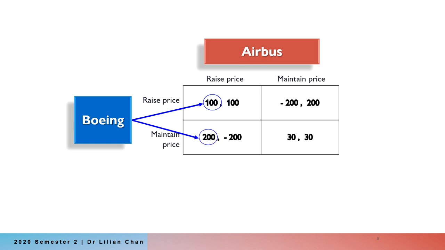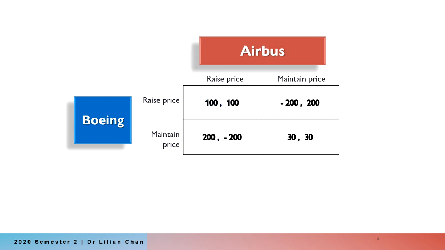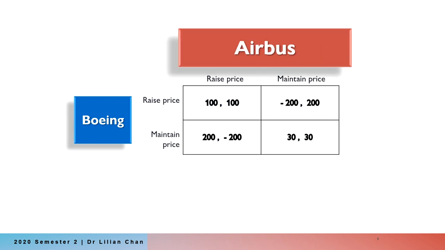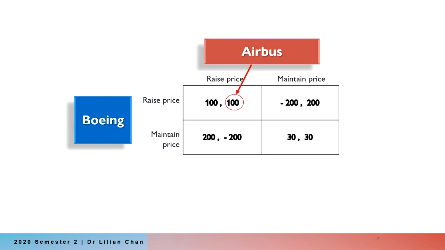The numbers on the right-hand side of the comma, or the numbers after the comma in each quadrant, belong to player 2, which is Airbus.